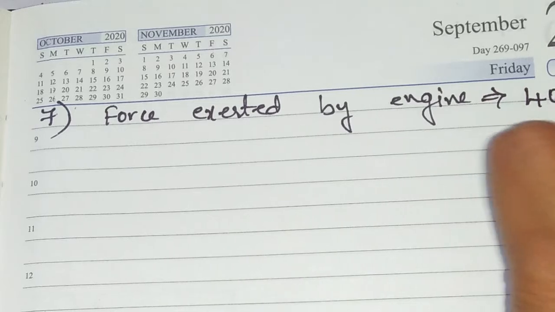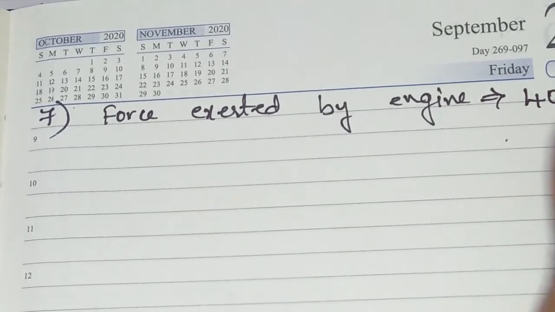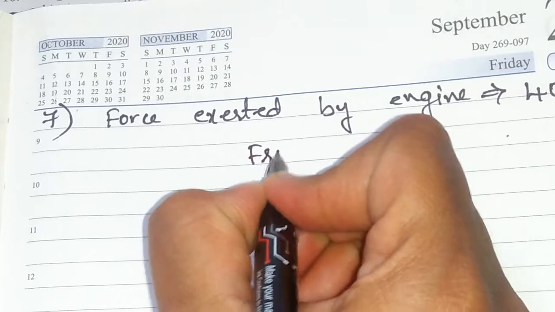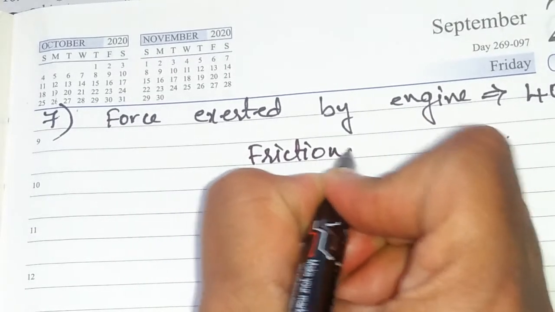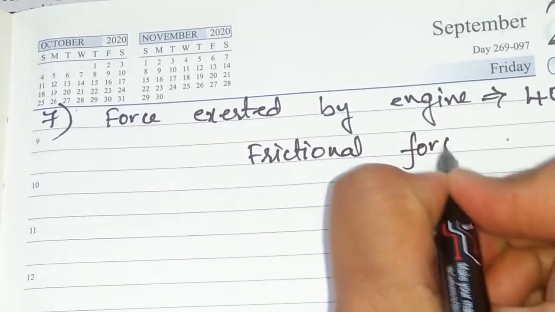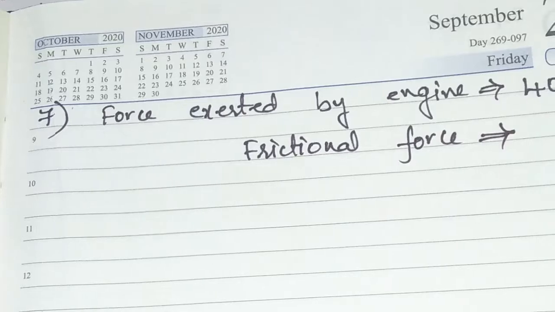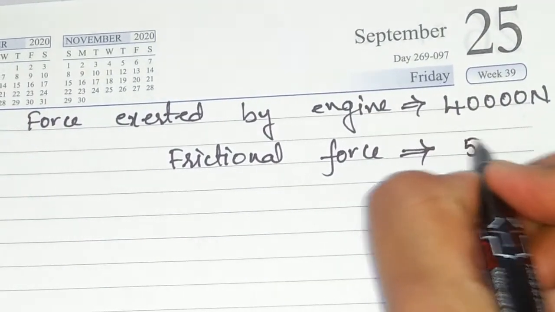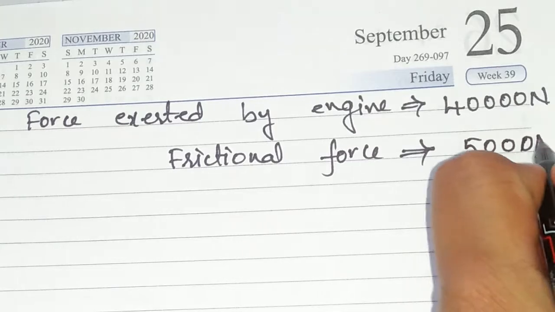How much is it? 40,000 newtons. Then the track is offering, what is that? That force is called frictional force. For stopping the train, this force is applied on the train, that is 5,000 newtons.